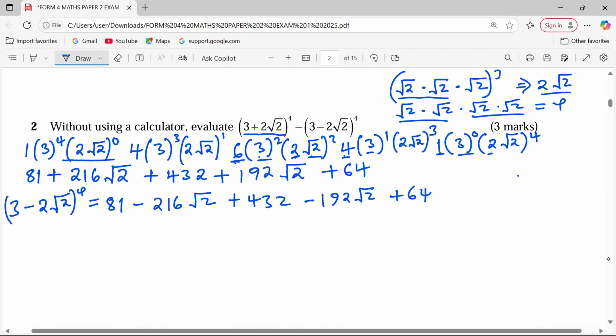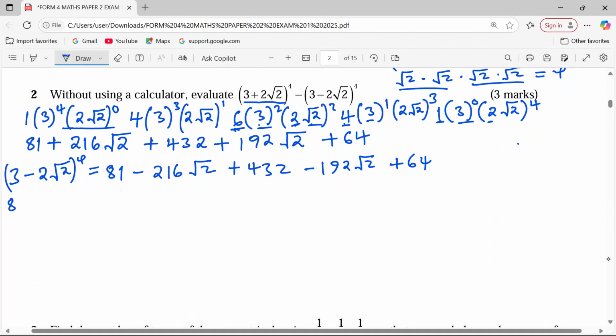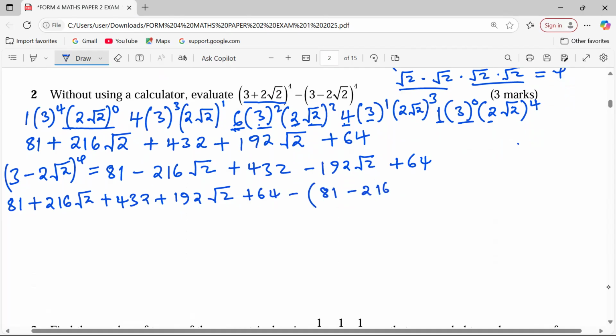So now we can combine now. We need 81 plus 216, the root of 2, plus 432, plus 192, the root of 2, plus 64, then minus 81 minus 216, the root of 2, plus 432 minus 192, the root of 2, plus 64.